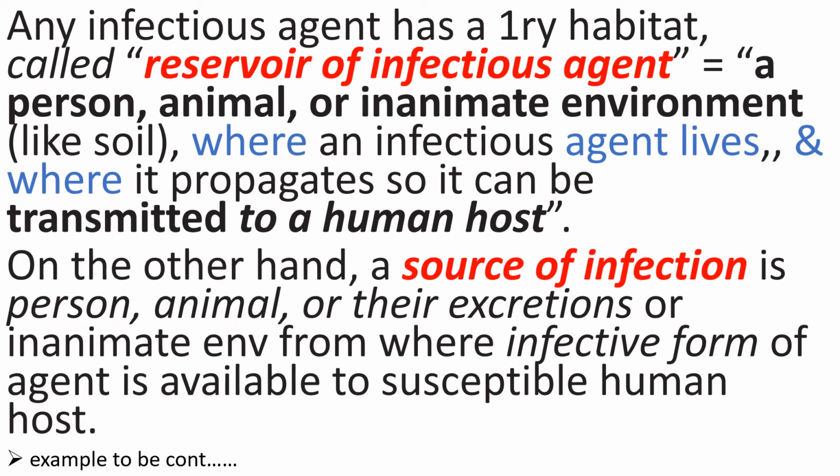Reservoir and immediate source of agent. Any infectious agent has a primary habitat called the reservoir of the infectious agent. It may be a person, animal, or inanimate environment like soil where an infectious agent lives, and from there it propagates so it can be transmitted to a human host.